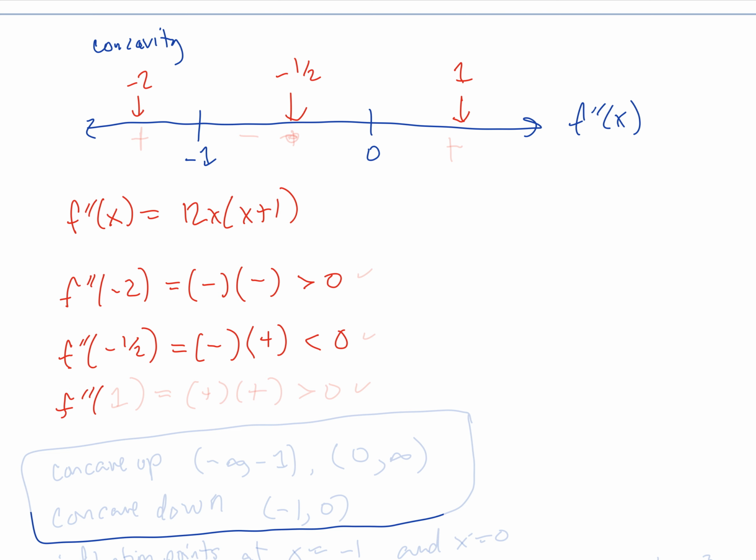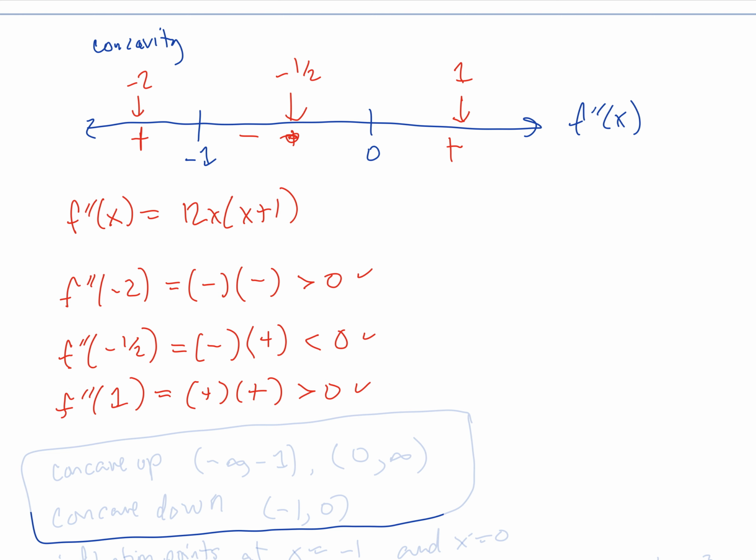And f double prime of 1: 12 times 1 is positive, and 1 plus 1 is also positive, so that's greater than 0. So we're positive here, negative here, positive here. We are greater than 0 over this interval, less than 0 over this interval, and greater than 0 over this interval. So that tells us the concavity over these intervals.